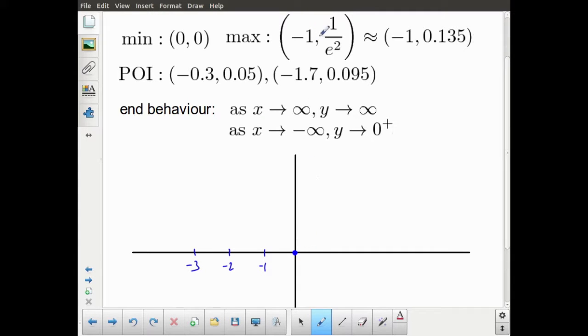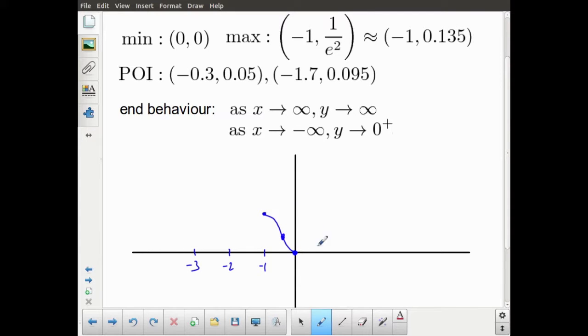We have a maximum at -1, and it's actually not very high, 0.135. But for the sake of my sketch, I'm going to put a maximum there. Then what else do I have? I have a point of inflection at -0.3, which is about here. So from here down to here, we have this point of inflection.